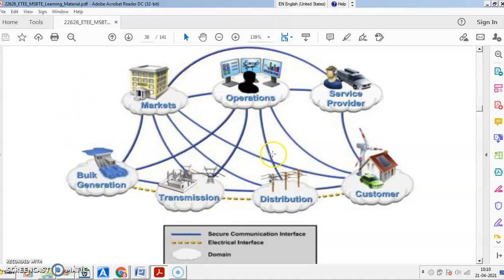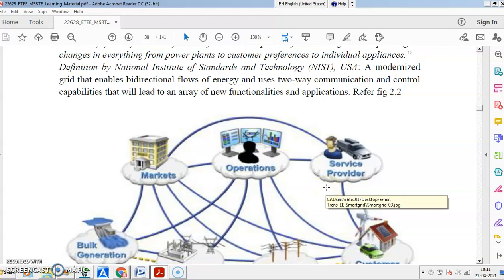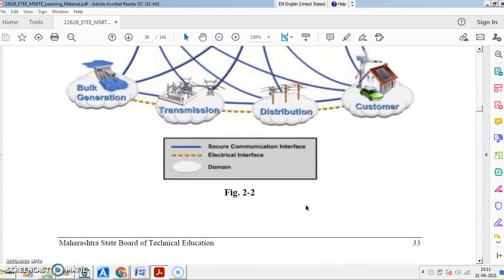So this is the smart grid. This is the digitization, or digital technology, added: markets, operators, and service providers, along with two-way communication devices and controlling devices. We have a modernized grid with bidirectional flow of energy, with two-way communication and control capabilities. That is what we have added, so this now becomes a smart grid.